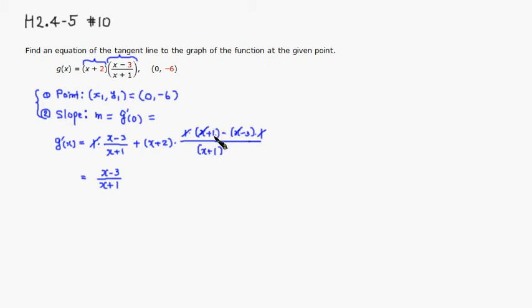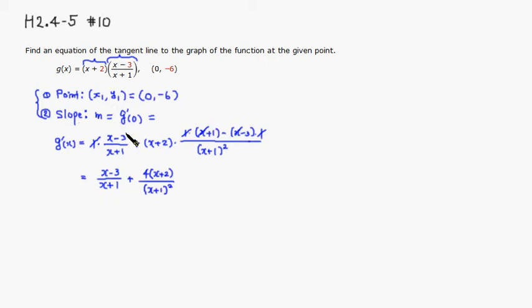Then you have 1 minus negative 3 combined together, that will give you 4. So you have 4 times quantity x plus 2 over the denominator x plus 1 squared.